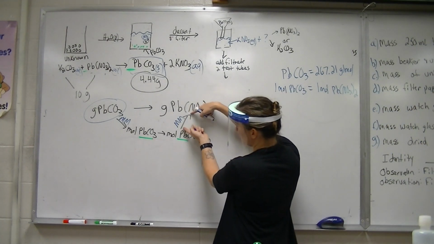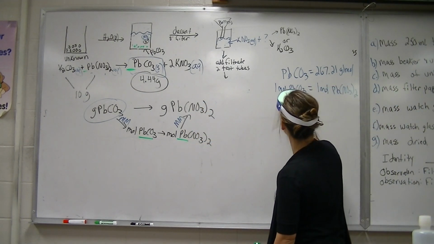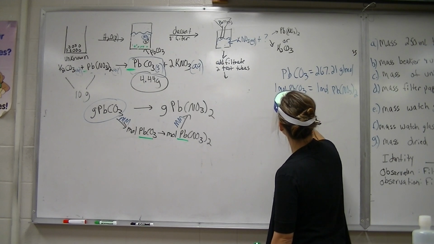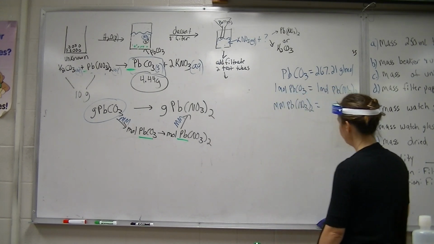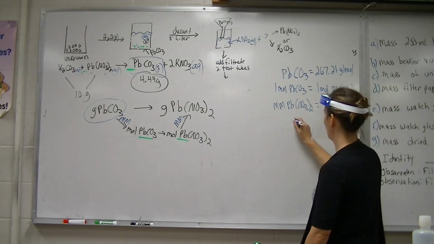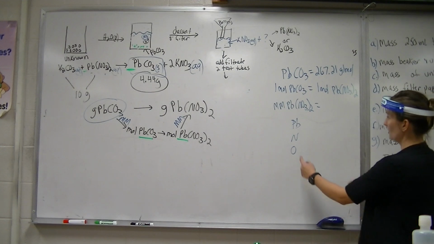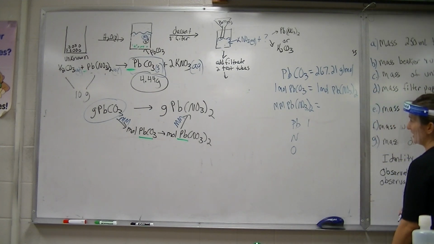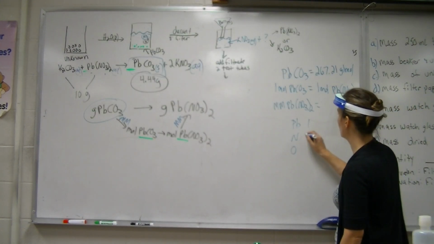And then our last step, we need the molar mass of the lead 2 nitrate. So same steps as before. We have lead, nitrogen, oxygen. I have 1 lead. How many nitrogens do I have? 2, yep, because of that 2 outside of the parentheses.